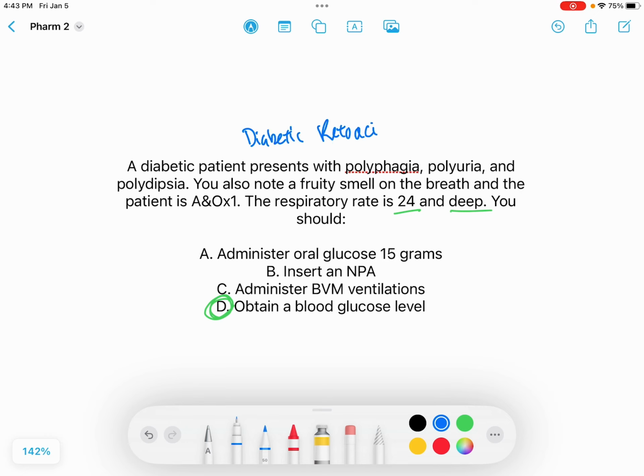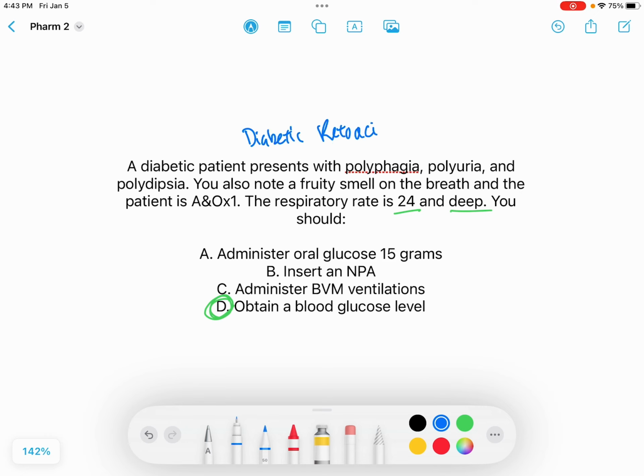Not fully alert, but they're at least awake. So there's really no point in giving them an NPA. And then without knowing the symptomology here, right? Polyphagia, polyuria, polydipsia. That's what we call the 3 Ps of hyperglycemia. And the NREMT does like to test on this.